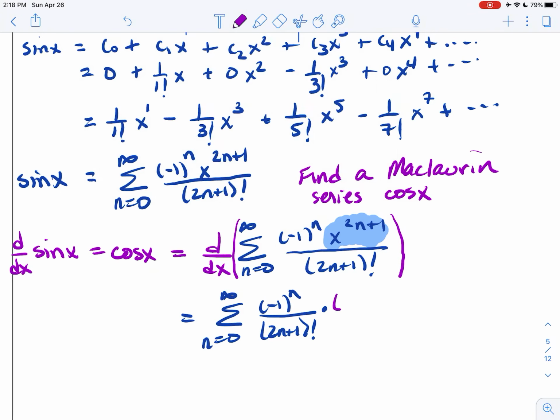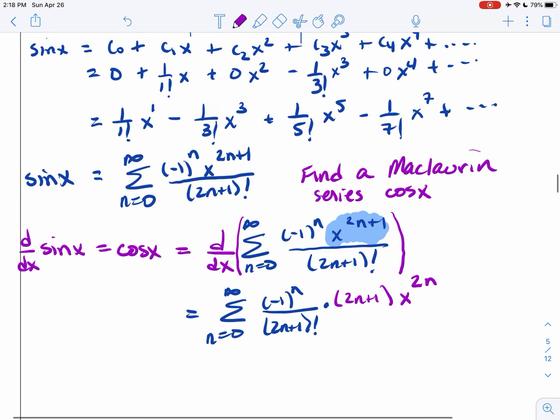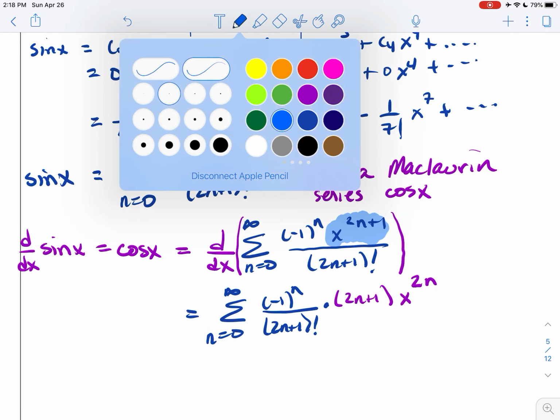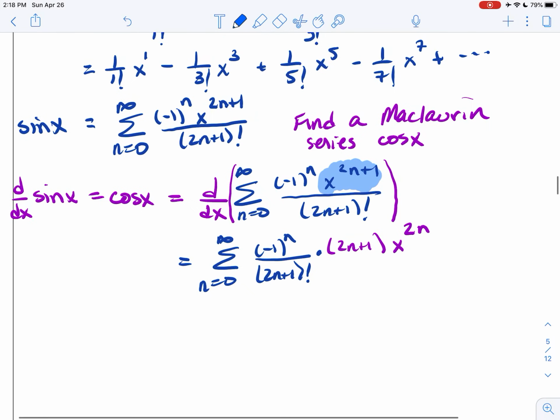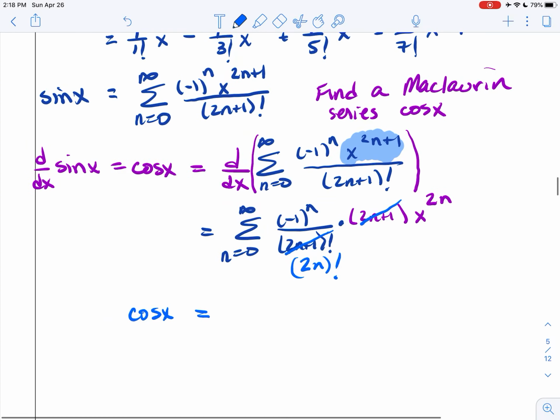And if I take my derivative here, how do I take a derivative of x to a number? I take the exponent down, and then I subtract 1 from that exponent, and 2n+1 minus 1 becomes 2n. Now I can simplify that infinite series by canceling my common factor of 2n+1 with (2n+1) factorial to just leave (2n) factorial.